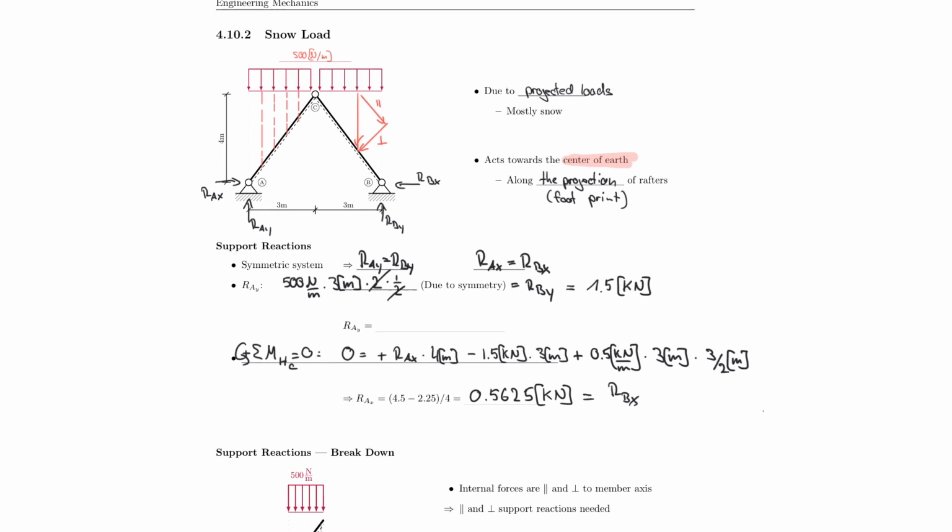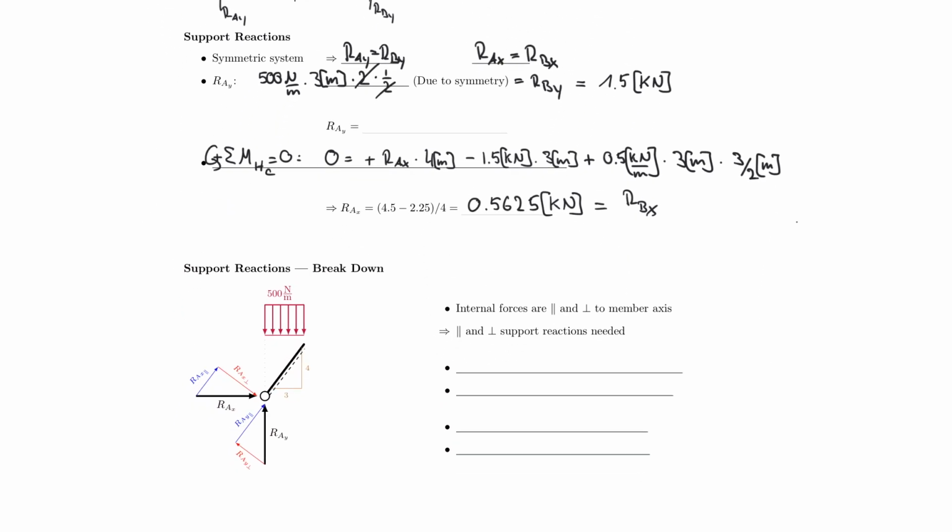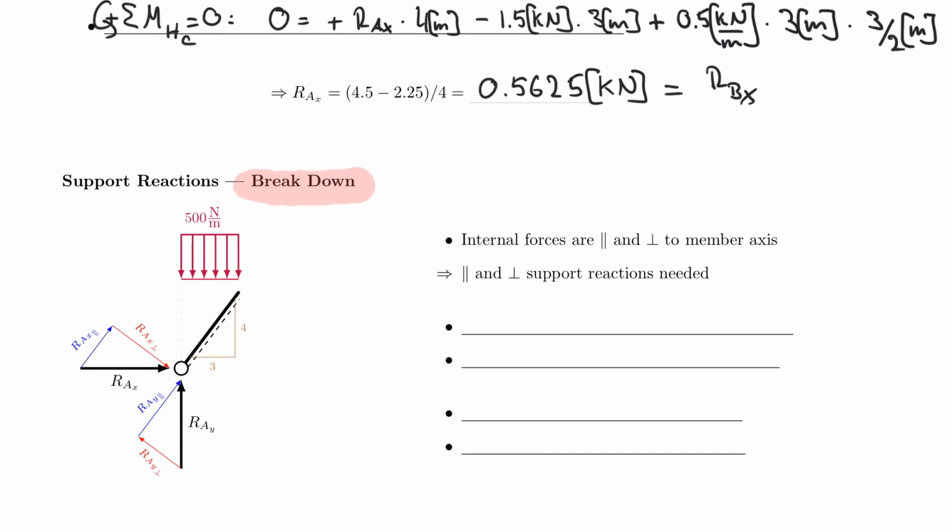Let's now move on to our support reactions. And once again, we do the breakdown of the support reaction, which now I don't have to explain as much in detail. But once again, I will break down the long side to a parallel and perpendicular component. So here's the parallel, here's the perpendicular. Same here, parallel, perpendicular.